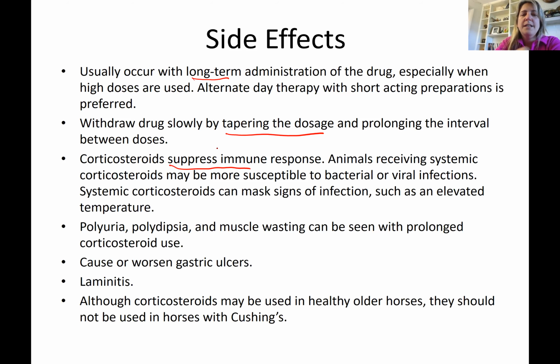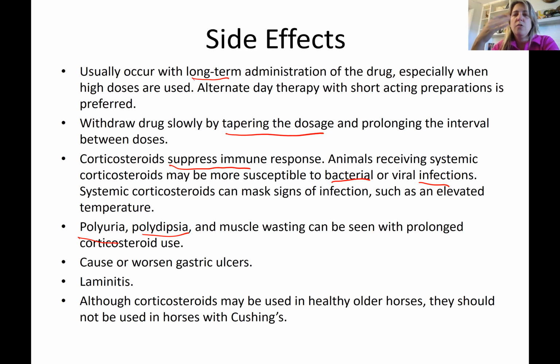Steroids are going to suppress the immune response. So animals receiving long-term administration of these drugs, and also animals that have Cushing's, are going to be more susceptible to bacterial, viral, fungal infections, etc. Okay. Polyuria, polydipsia. Polyuria is increased urination. Polydipsia is increased thirst. The same goes with Cushing's.